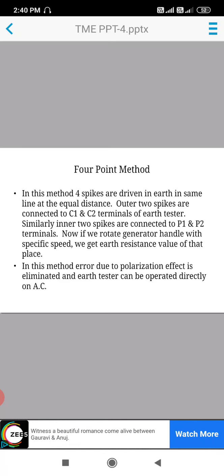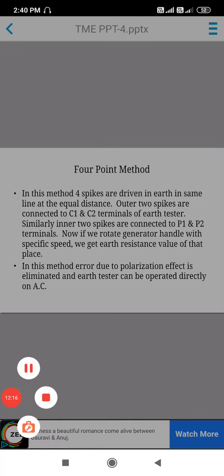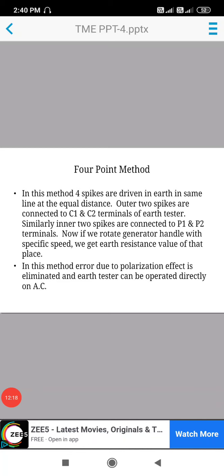Then we rotate the handle of the earth tester and get the earth resistance value at that point. In this method, error due to polarization effect is eliminated and the earth tester can be operated directly on AC.